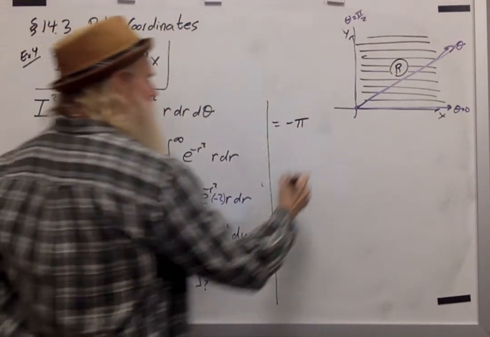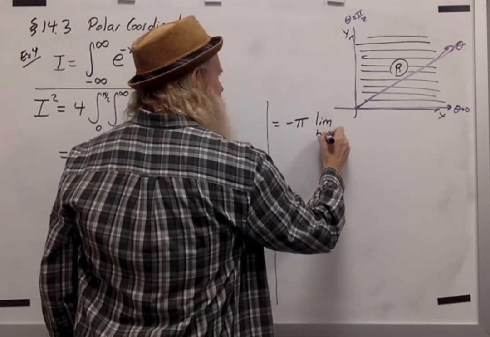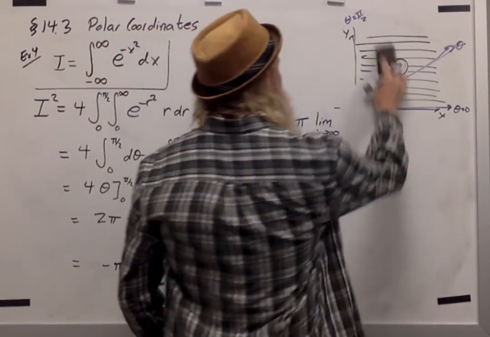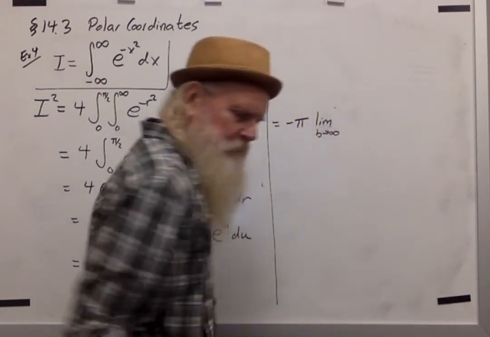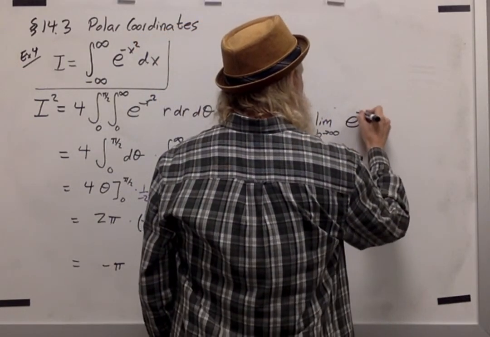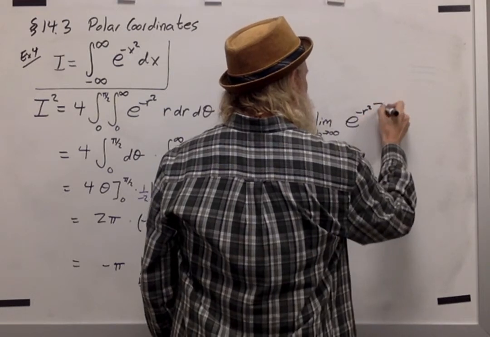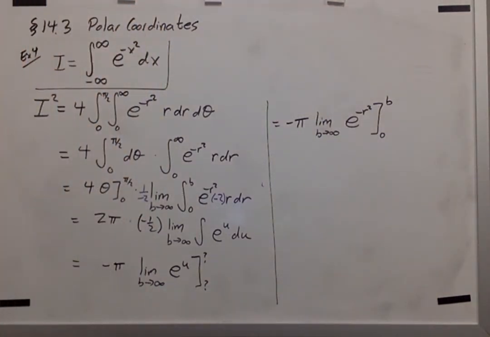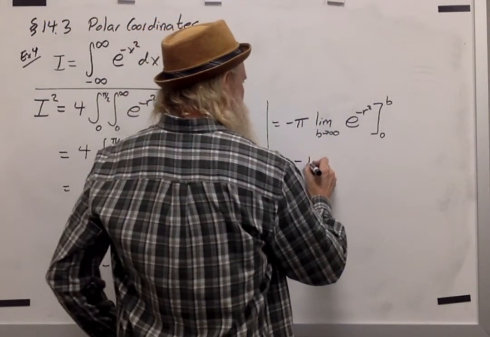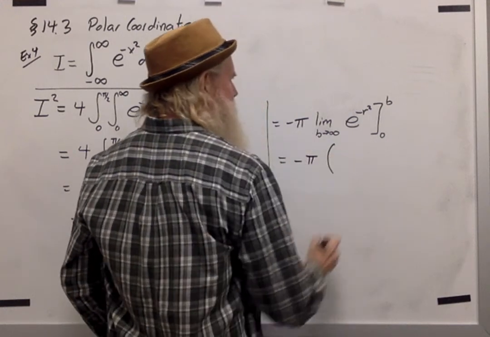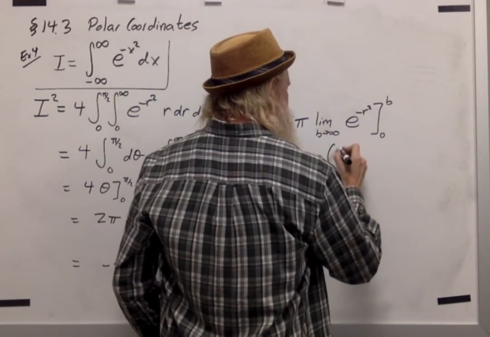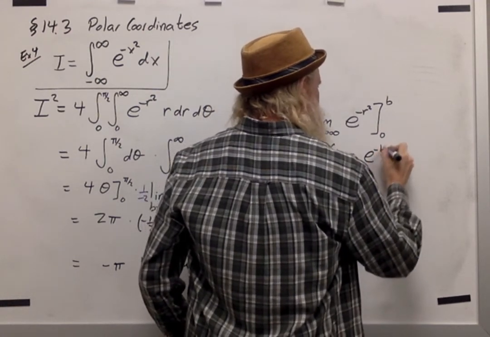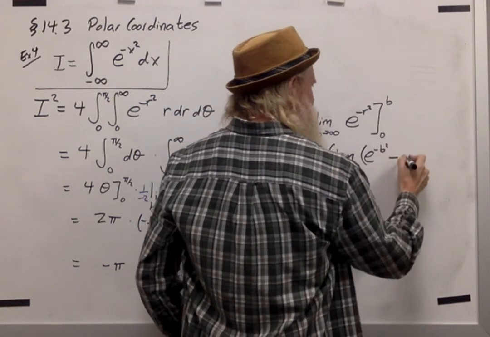I'll have negative pi times the limit as b goes to infinity of e to the negative r squared taken from r equals 0 to r equals b, which is negative pi times the limit as b goes to infinity of e to the negative b squared minus e to the 0, which is 1.